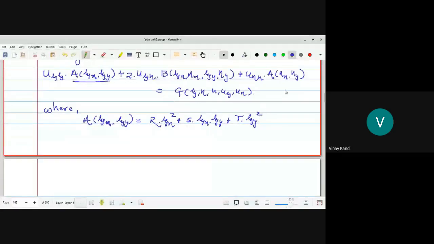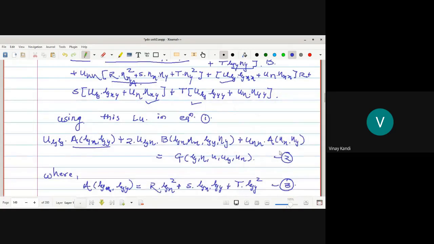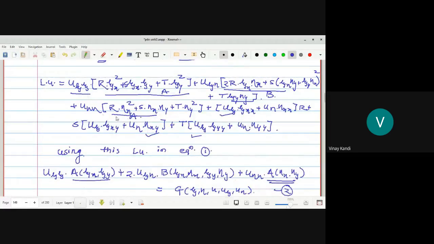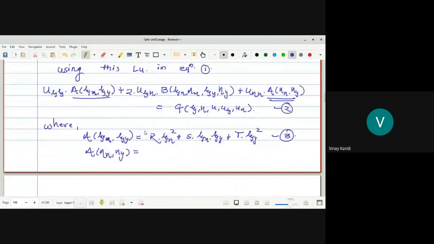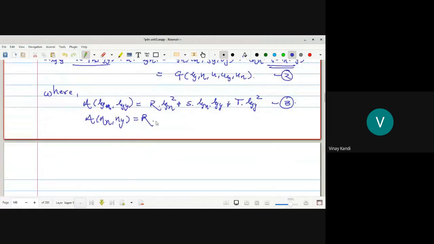Call this equation number 3. A as a function of eta x and eta y is R into eta x square plus S into eta x eta y plus T into eta y square. Give it as equation number 4.